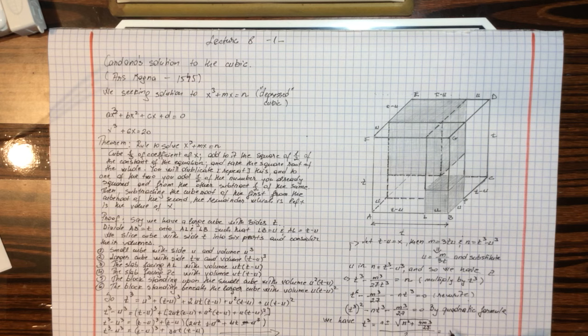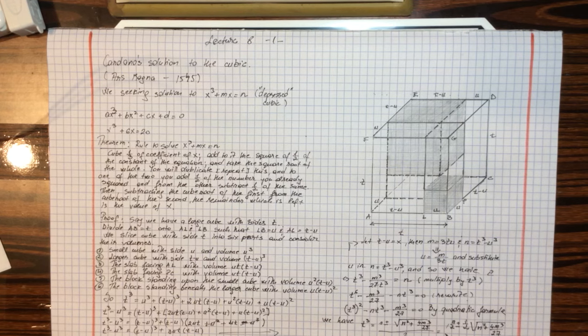And this is equal to n over 2 plus minus 1/2 square root of n squared plus 4m to the third over 27.